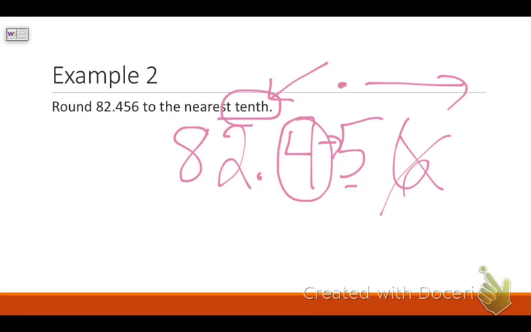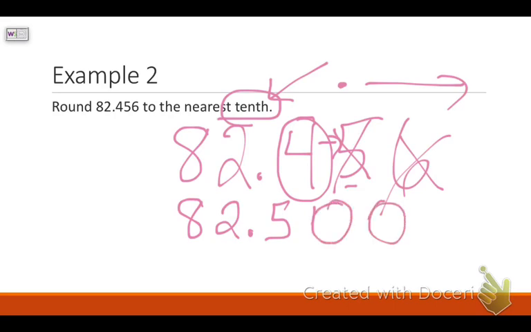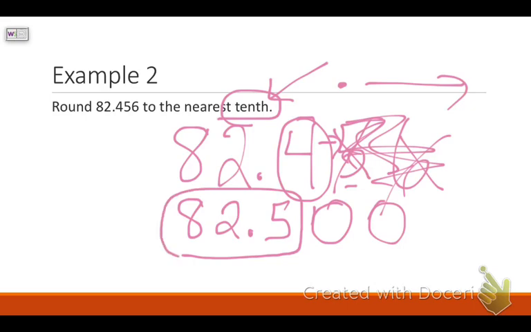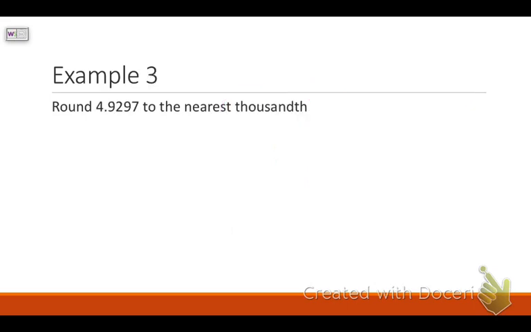Since that is 5 or higher, the 4 will go up 1. 82 and 5 tenths. The 5 is used. We don't need it anymore. We're going to put 0, 0 at the end to show that the 5 and the 6 no longer exist. Alright? This is really your answer. If you add the zeros with it, it's okay. Alright? Example number 3.